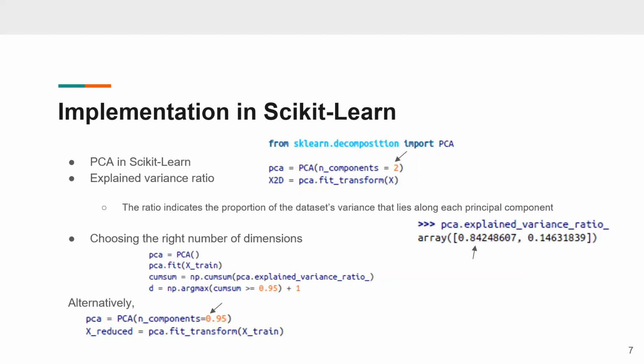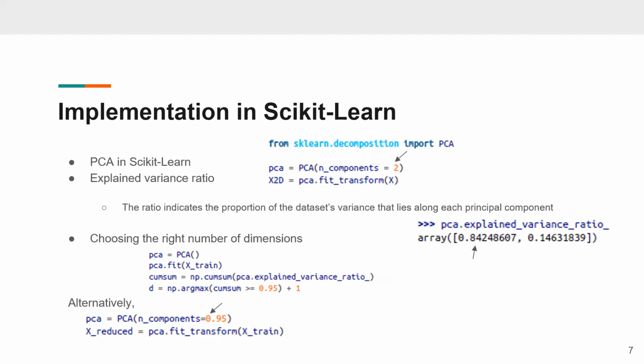If we use PCA.explained_variance_ratio_, you find the first component explains 84% of the original variability of the data, and the second dimension explains about 14.6%. If you add them up, it's around 98%.